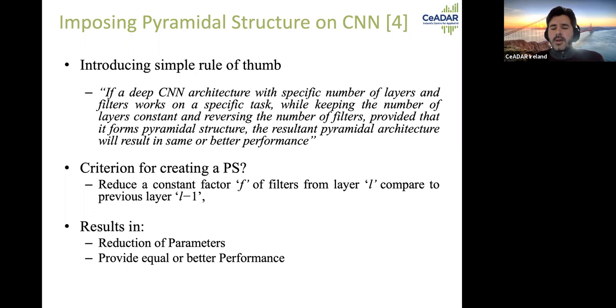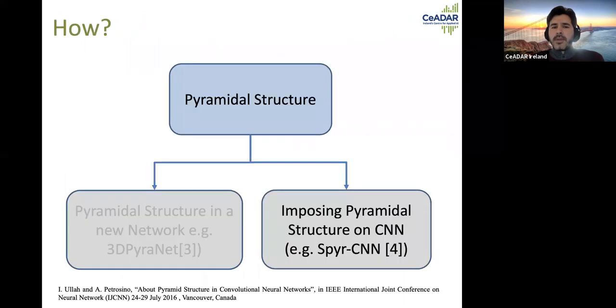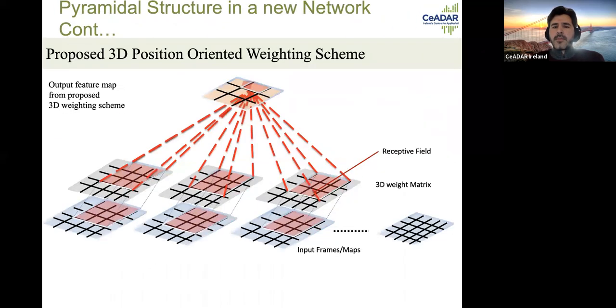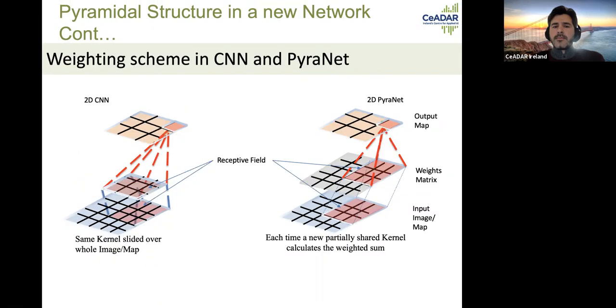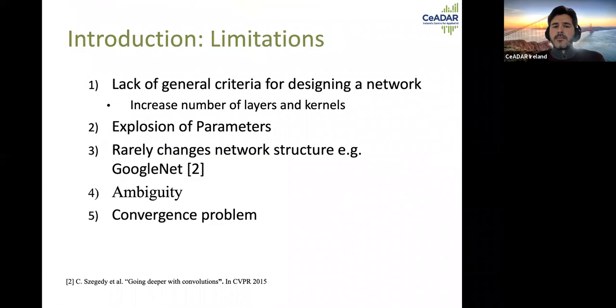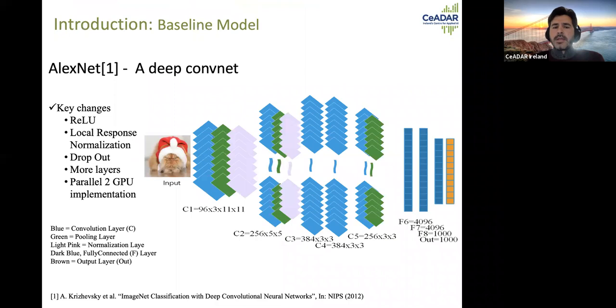If you remember, if we go back, here we have 96, 256, 384, 384, and 256 kernels in each layer. If we reverse that, 256 will come to layer 1, 384 will be layer 2, 384 will be layer 3, 256 will be layer 4, and 96 will be layer 5.